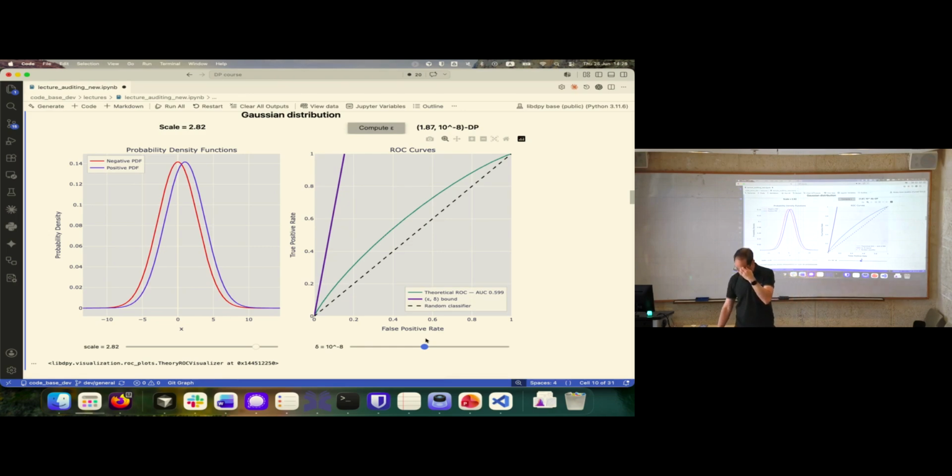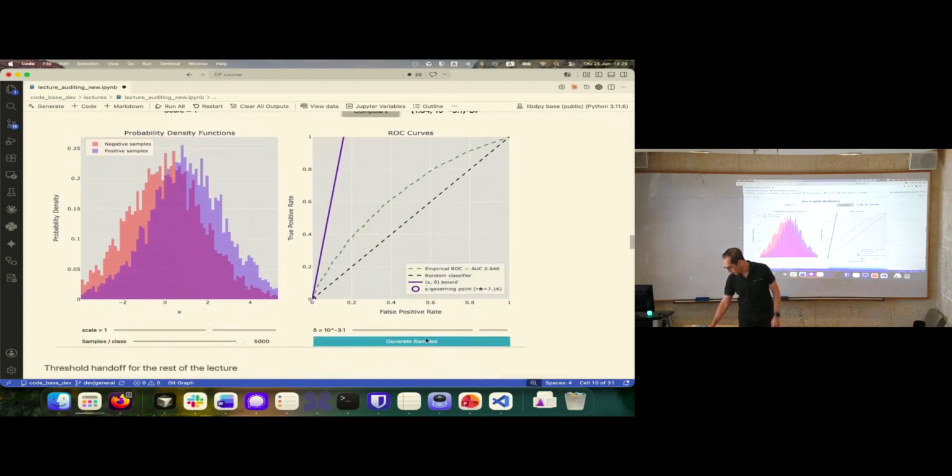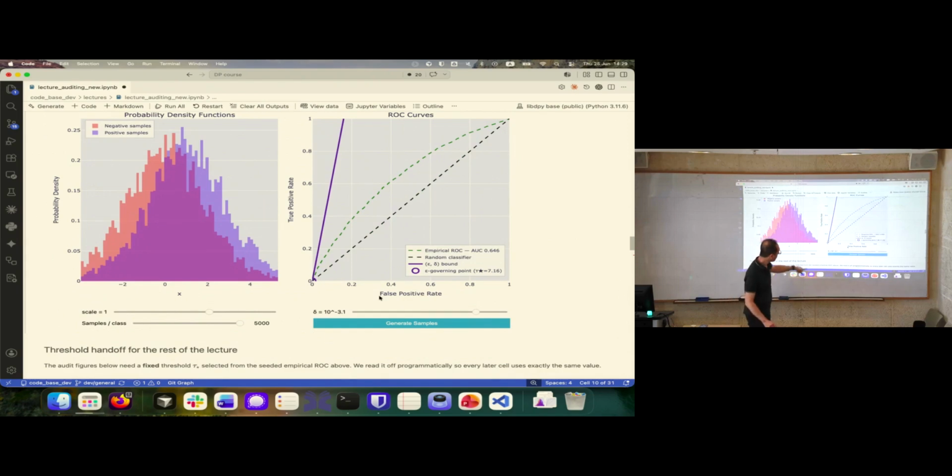So this is a reason why when you do privacy auditing, you would tend to push towards the extreme small false positive rate and small false negative rate, because this is where you'll get the large ratio. But what is the problem with this idea? Why shouldn't I take the first point here, right? If I'm looking here, you see I'm trusting nearly the first one. Why is it not a valid choice?